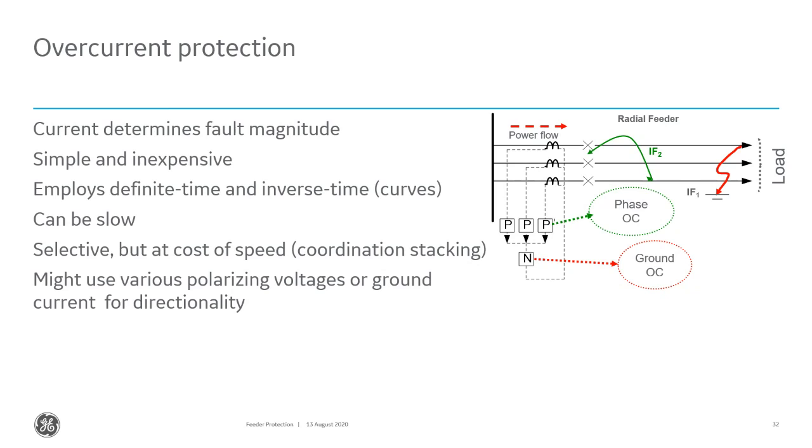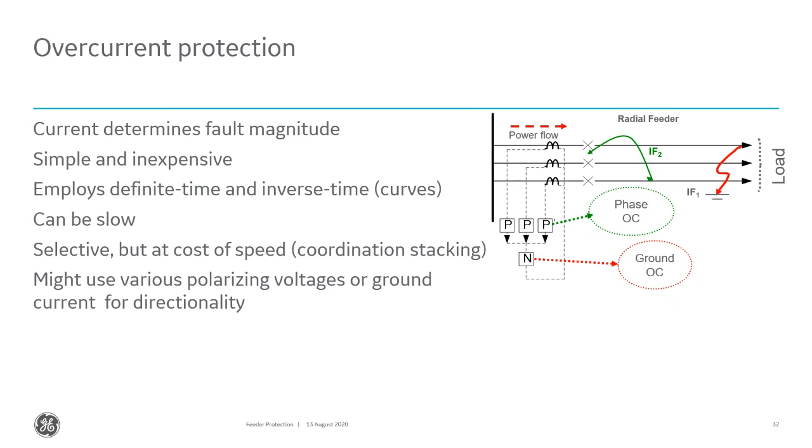If they need to coordinate with downstream devices, we need to add time delays on them. When we talk about time delay, we'll talk about two types: definite time delay and inverse time delay. We'll talk about what that means. They can be slow if they need to coordinate with things downstream. If they're coordinating properly, they are selective.